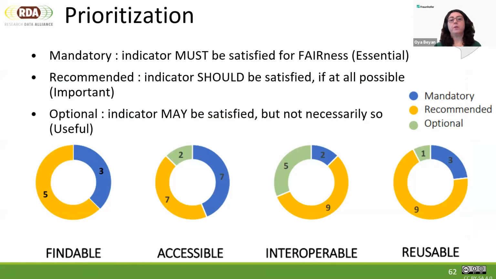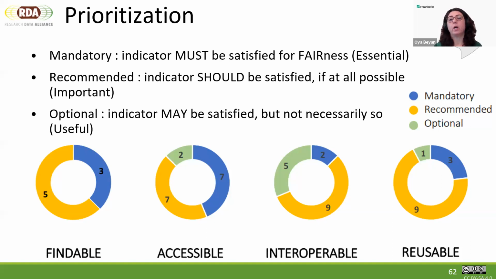As I said, RDA is open to all communities, and different communities have different prioritization and different goals for implementing FAIR principles. Therefore, there were different opinions about these prioritizations, and RDA tried to come up with a common consensus on those priorities: which part of the FAIR, findable, accessible, interoperable, or reusable, is more important for different research communities.